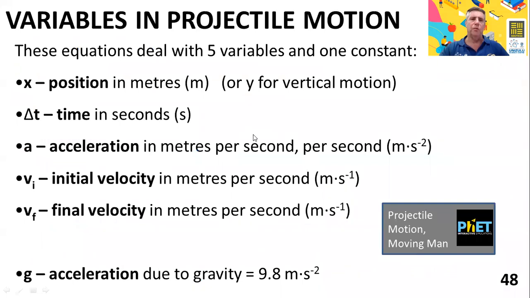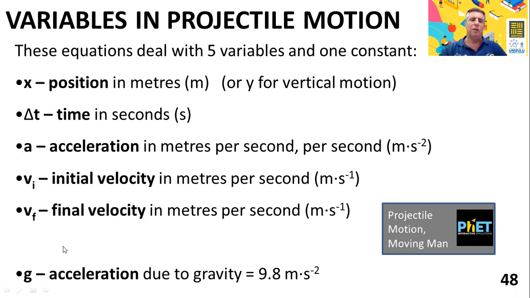So let's focus on the variables, which you'll find in projectile motion. We're now on page 48 in your booklets. That page tells you that there are 5 variables and 1 constant which come up in these equations. Now, these are very familiar to us now. x is position in meters. Quite often we use y for vertical motions. Delta t is the time in seconds. a is the acceleration in meters per second every second.